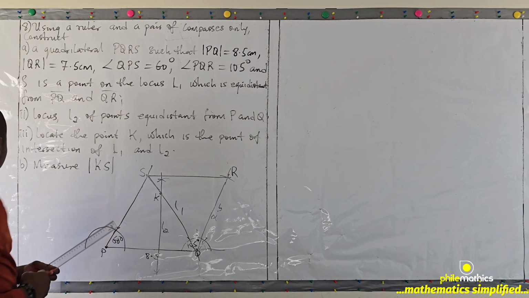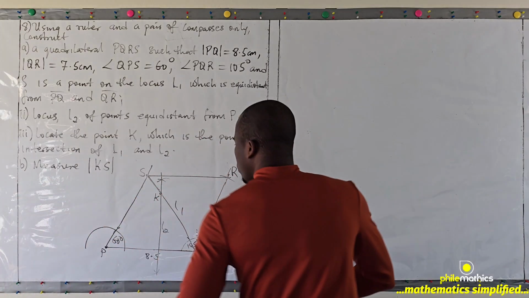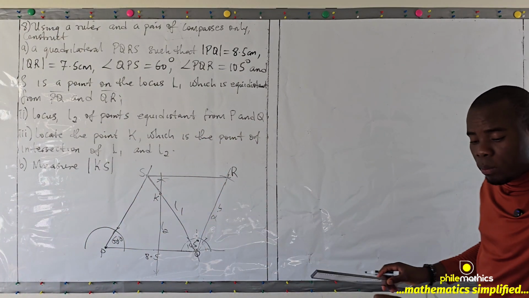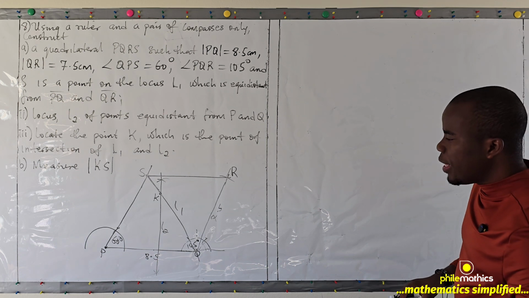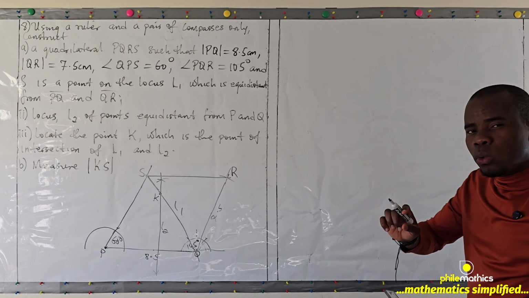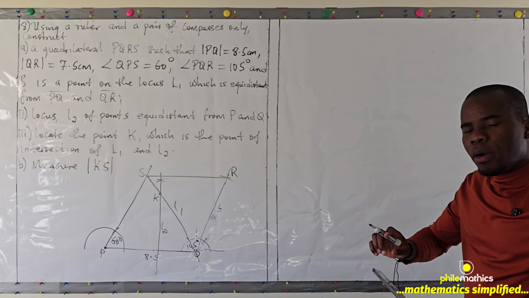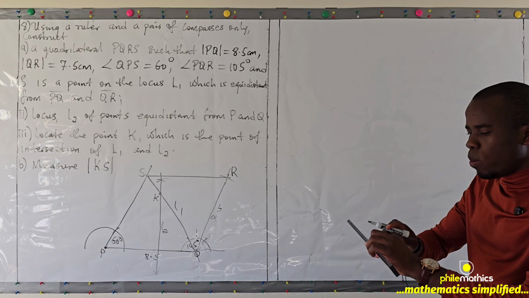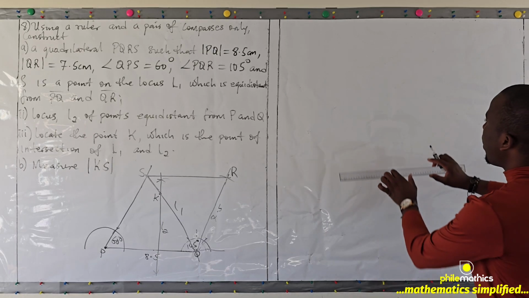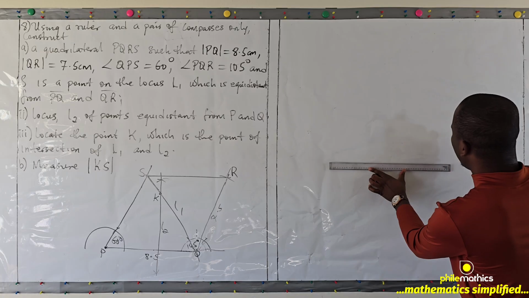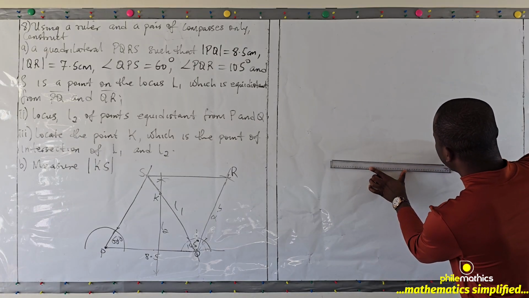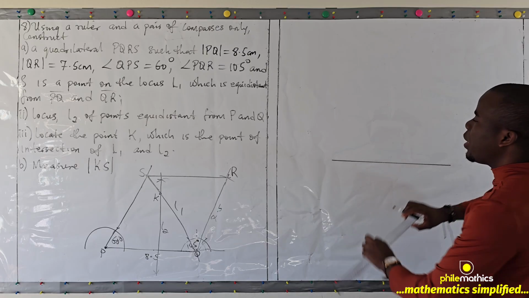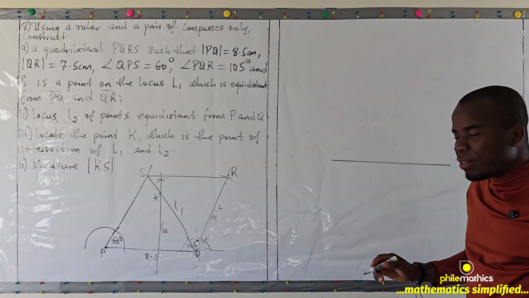Let's go. So let's start with the base. Pardon me, I don't have my protractor yet. It's on the way. Let's start from the base. You want to take your pair of compass, you measure 8.5 cm, and you draw a line. Draw a straight line first of all, and then measure 8.5 cm.